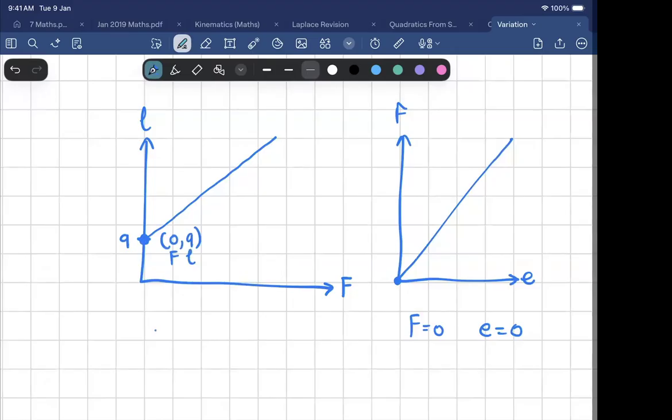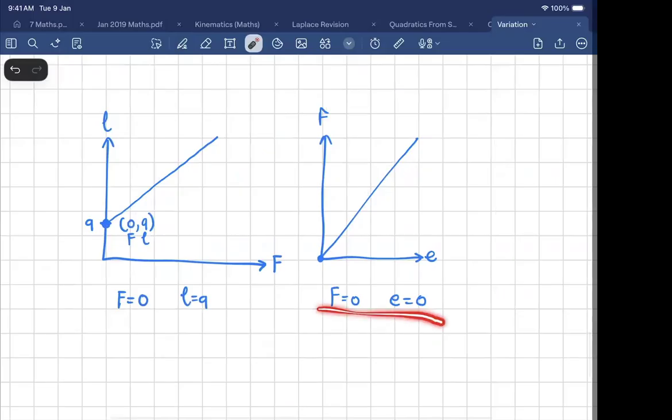Does that look directly proportional to you? No, sir. But this one clearly looks directly proportional because both of them start off at the same point: when F is 0, E is 0. Yes, sir. Don't get me wrong, this is proportional, but it's just not directly proportional because when F is 0, length is not 0.